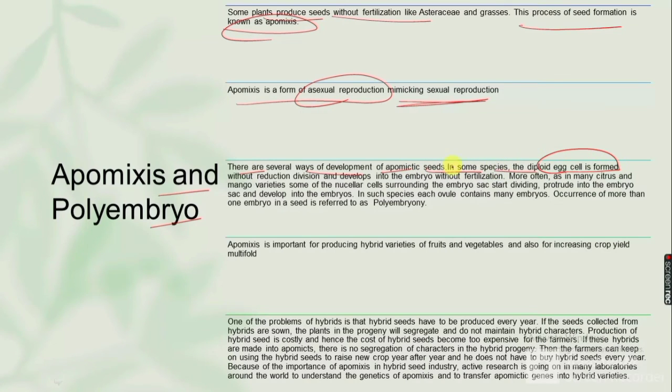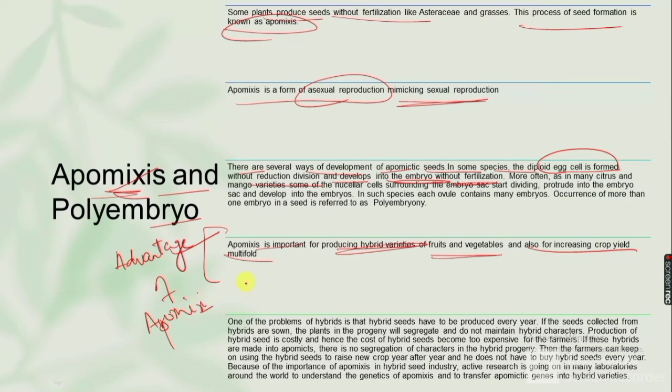In some species, the diploid egg cell is formed without reduction division and develops into an embryo without fertilization. Apomixis is important for producing hybrid varieties of fruits and vegetables, and for increasing crop yield multifold. This is the advantage of apomixis.